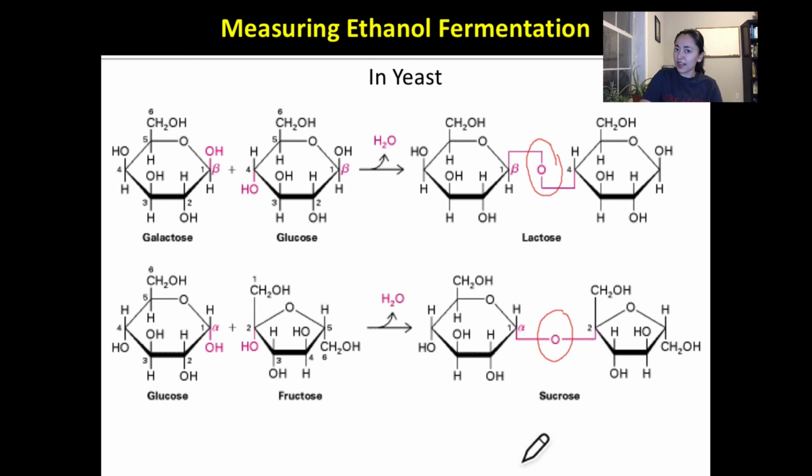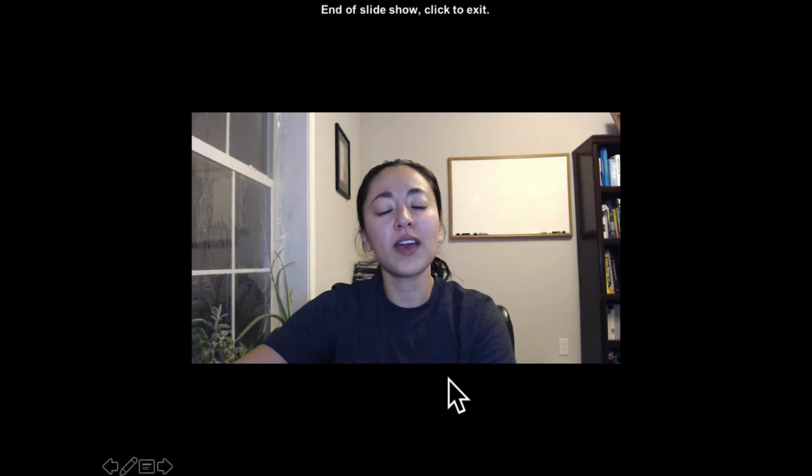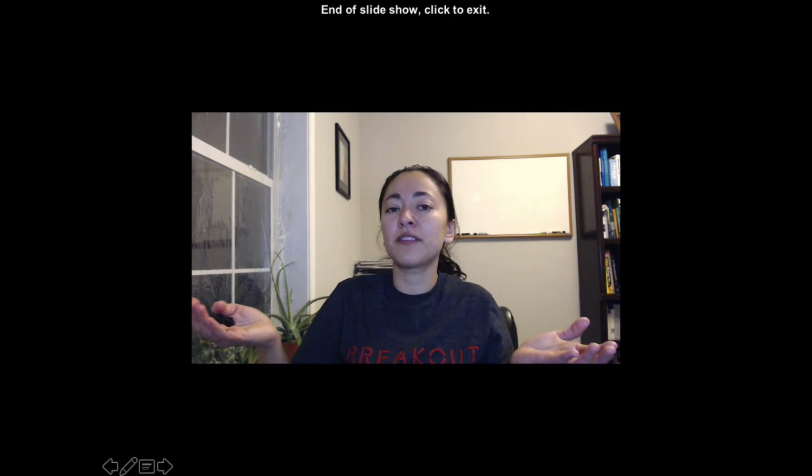So just think about that when you're making your prediction. After about 40 or 60 minutes, you will actually measure the amount of carbon dioxide gas that accumulates at the top of each tube to figure out which sugar the yeast was able to ferment the easiest. All right, so that is all the information that you need to know for the cellular respiration and fermentation lab.